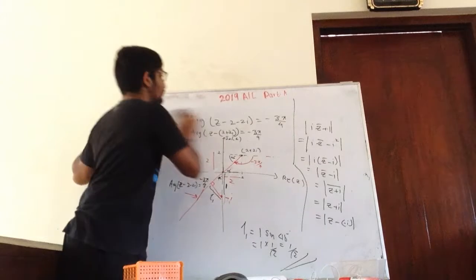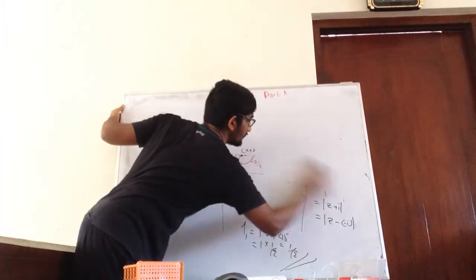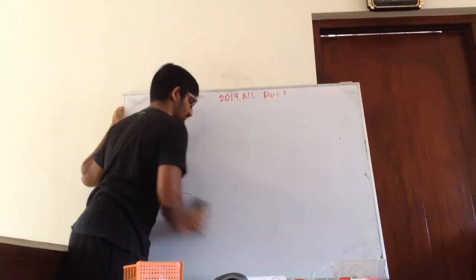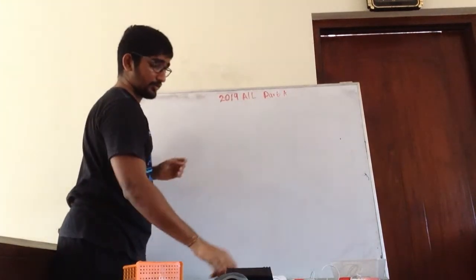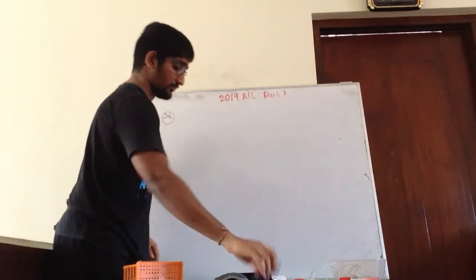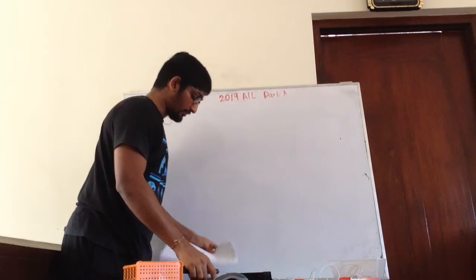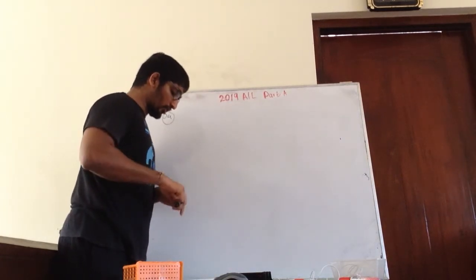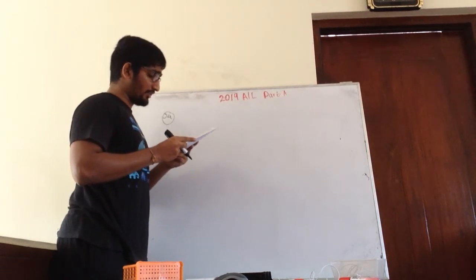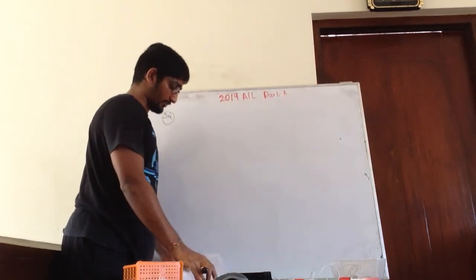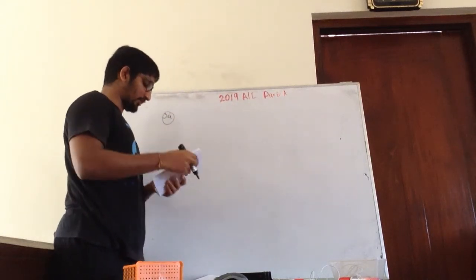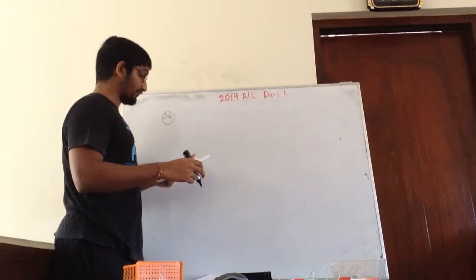So question number 4. In question number 4, it says show that the coefficient of x6 in the binomial expansion of x3 plus 1 over x squared to the power of 7 is 35. Right.